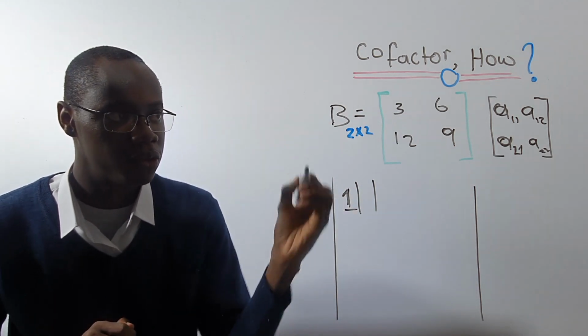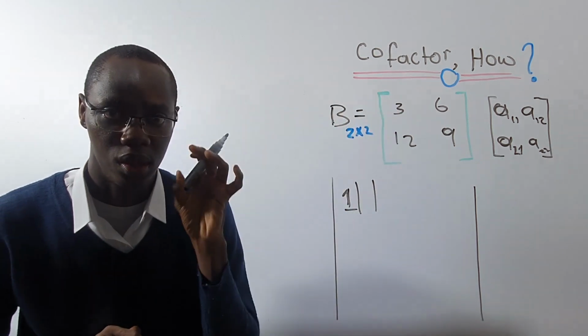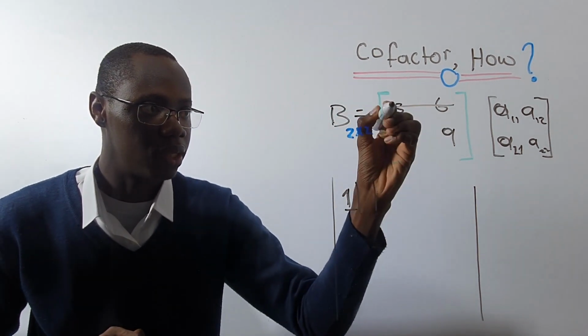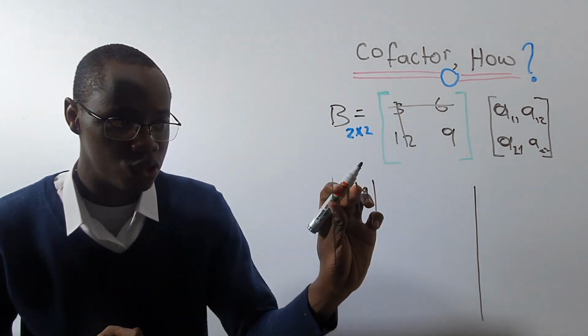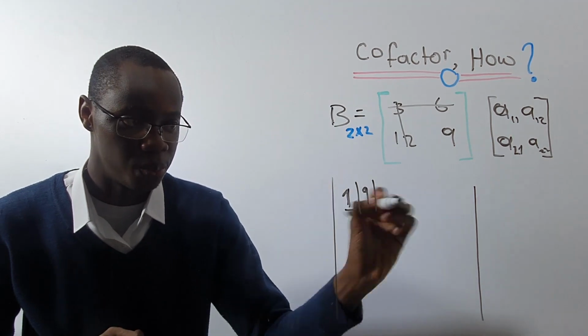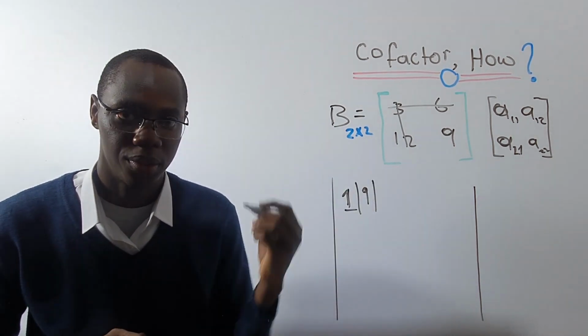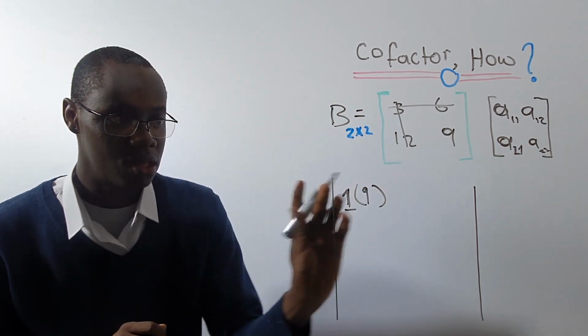So the minor, of course, all you need to do is delete the row and the column associated with the element that we're looking for. So delete this and delete this. What are you left with? 9. And notice it is just one number, so you can just multiply straight, and instead of using this stroke, you can use normal multiplication braces, since it's just one element.